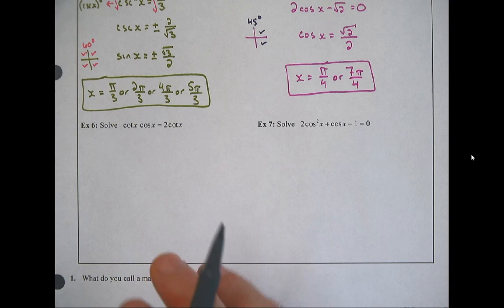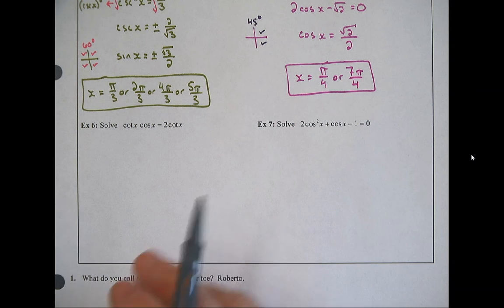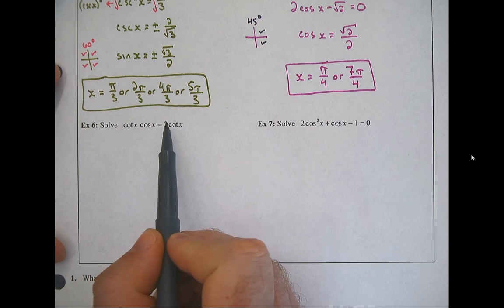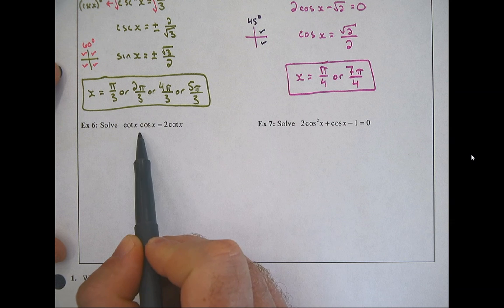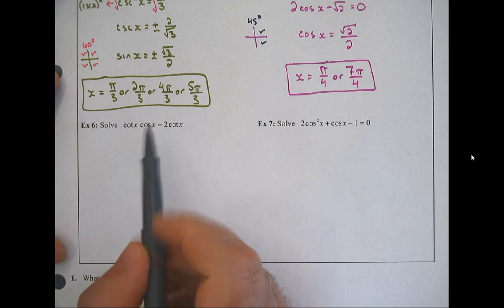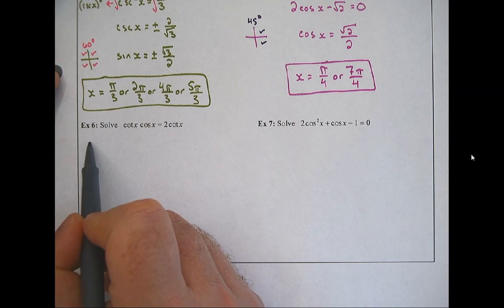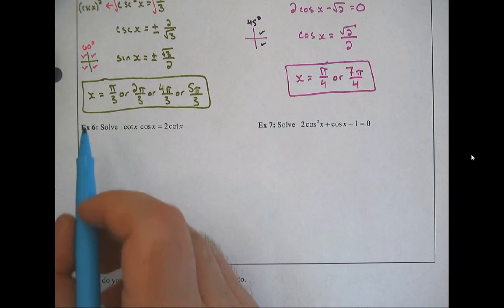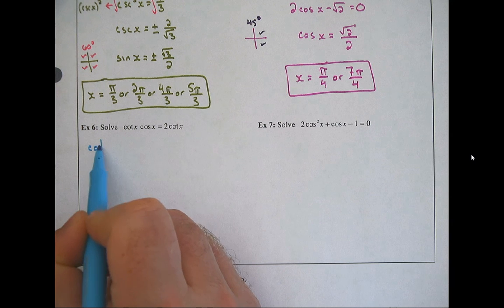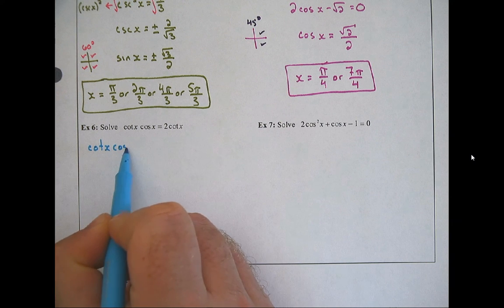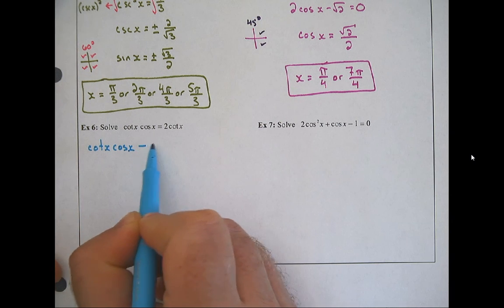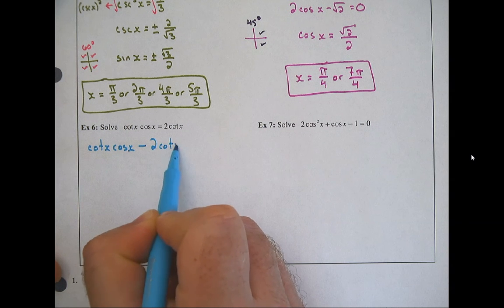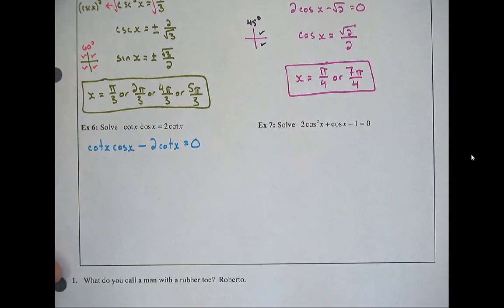And usually when we factor, we're going to want a ZPP. So kind of your instinct should be get this thing equal to 0. So my first move is I'm going to subtract this to the other side. So I now have cotangent of x cosine of x subtract 2 cotangent of x equals 0.